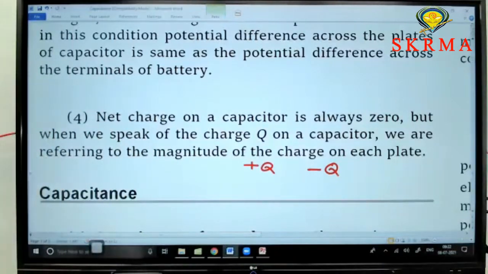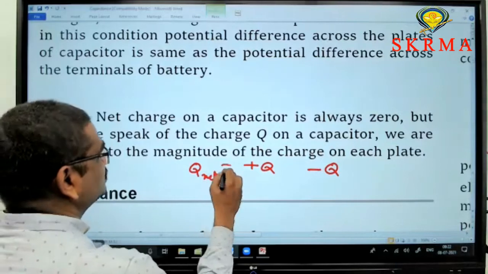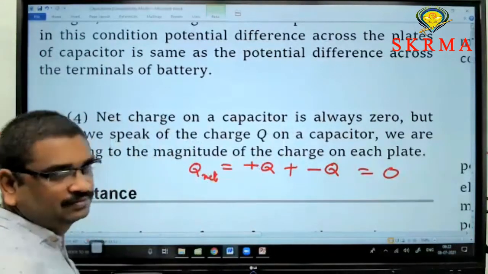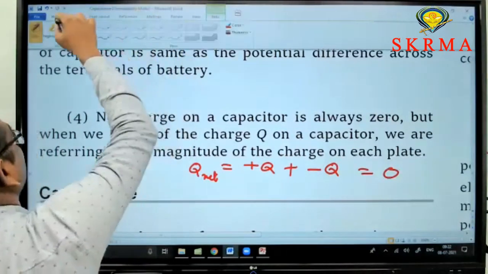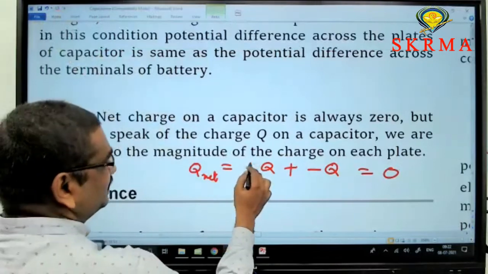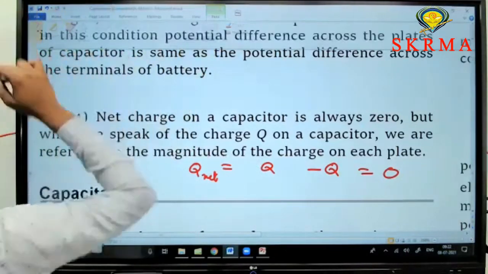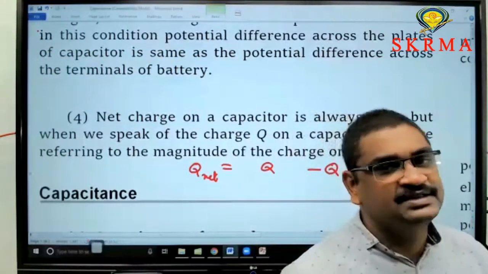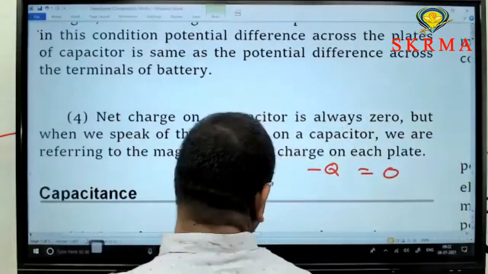So the net charge equals the sum of these two, Q minus Q, which is 0. The net charge on the capacitor plates is 0.